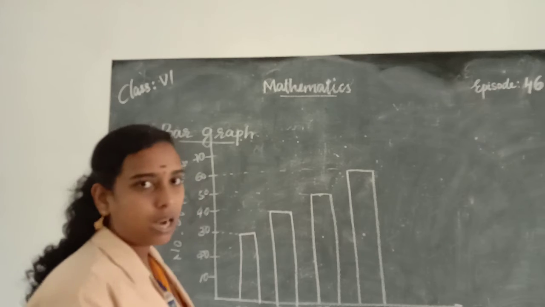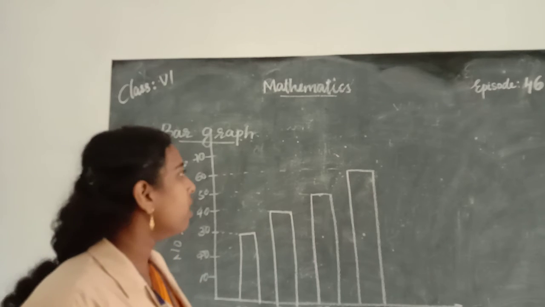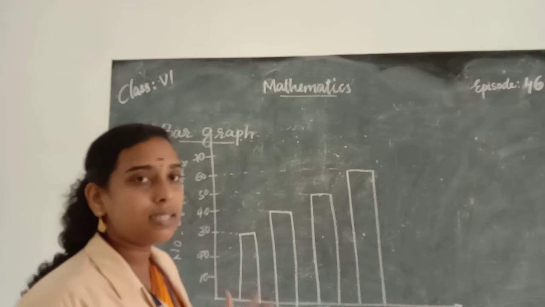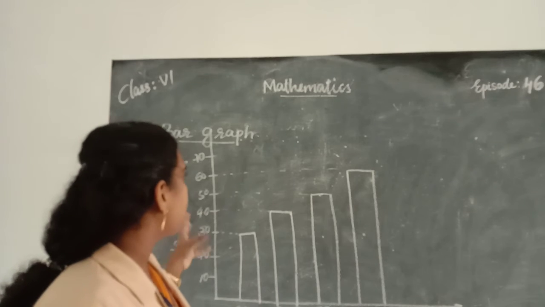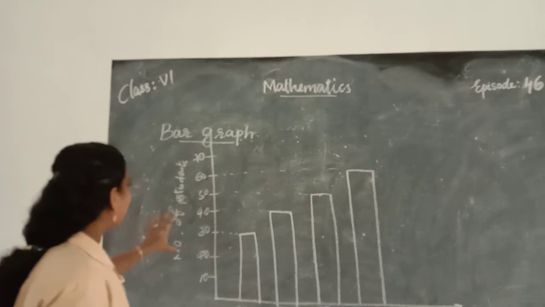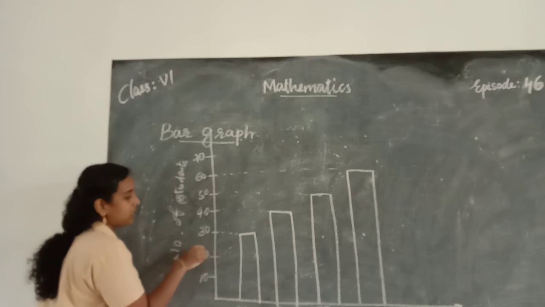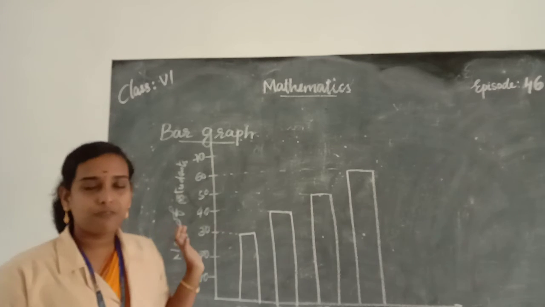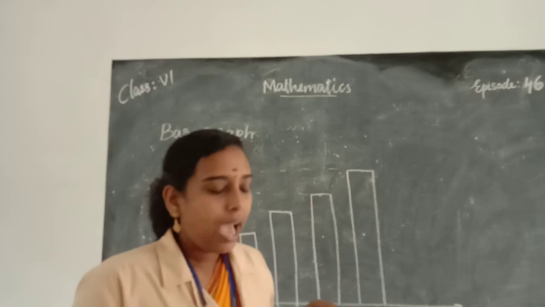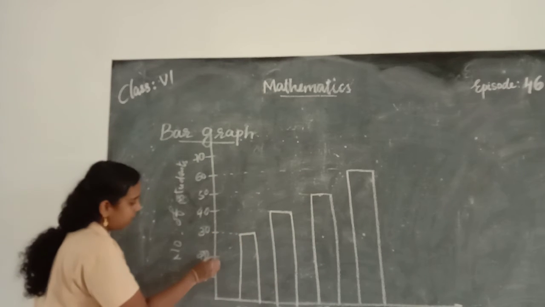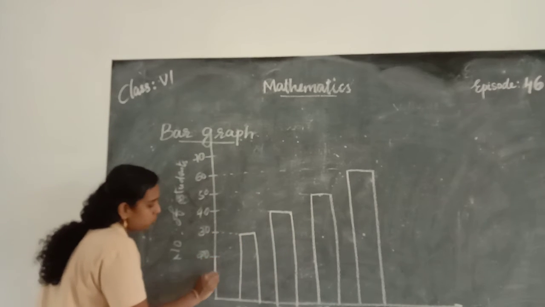And here the bar graph is given, and we want to write the answers to the following questions. Here you can see the number of students, and this represents each unit: 10, 20, 30, 40, 50, 60, 70. And 1 unit length means the distance between two numbers.